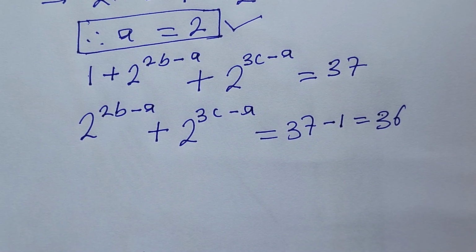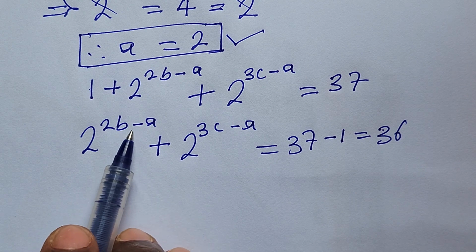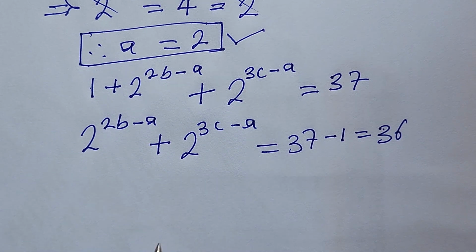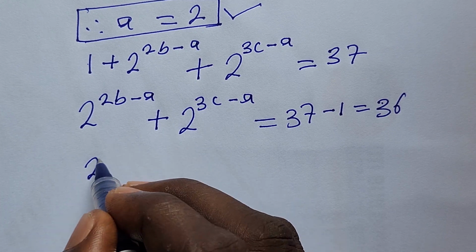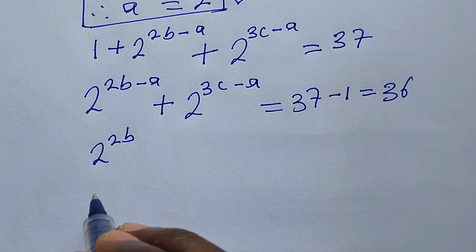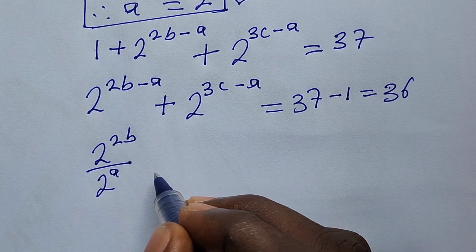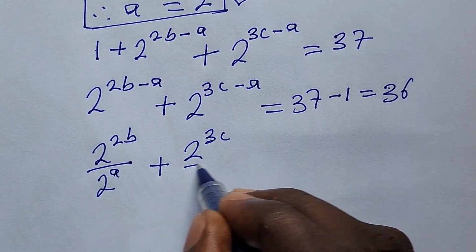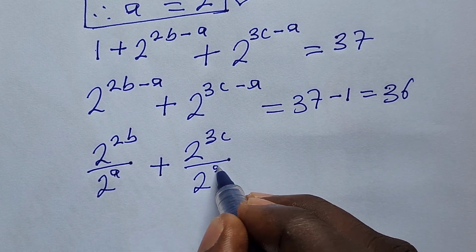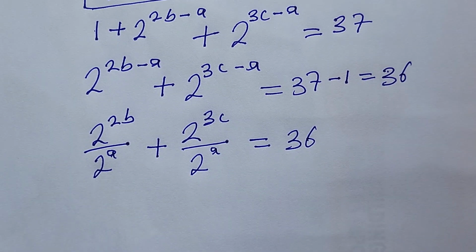Okay, we can rewrite this expression again with this minus here, right? So if we rewrite this, this is going to give us 2 to the power of 2b all over 2 to the power of a, then plus 2 to the power of 3c all over 2 to the power of a equal to 36. Easy.